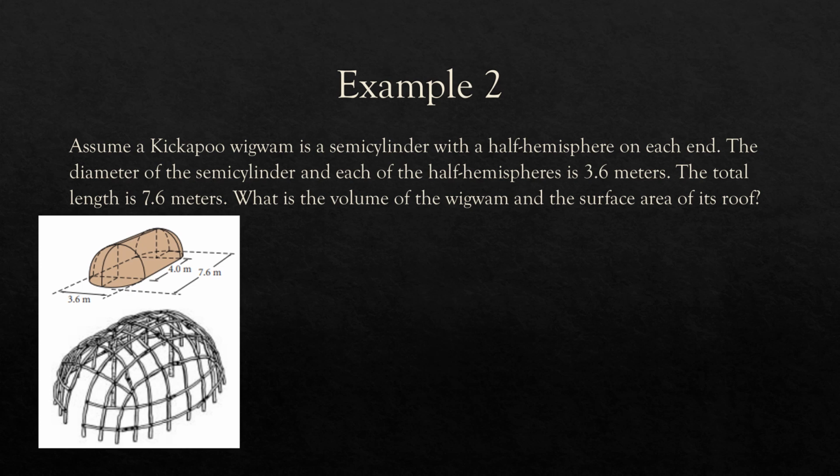So when we're trying to find the volume, we have half of a sphere. We have a whole hemisphere, which is half of a sphere. That's our volume for the ends. Now we need the volume for this in the middle. Well, that is half of a cylinder. The cylinder is going to be base times height.